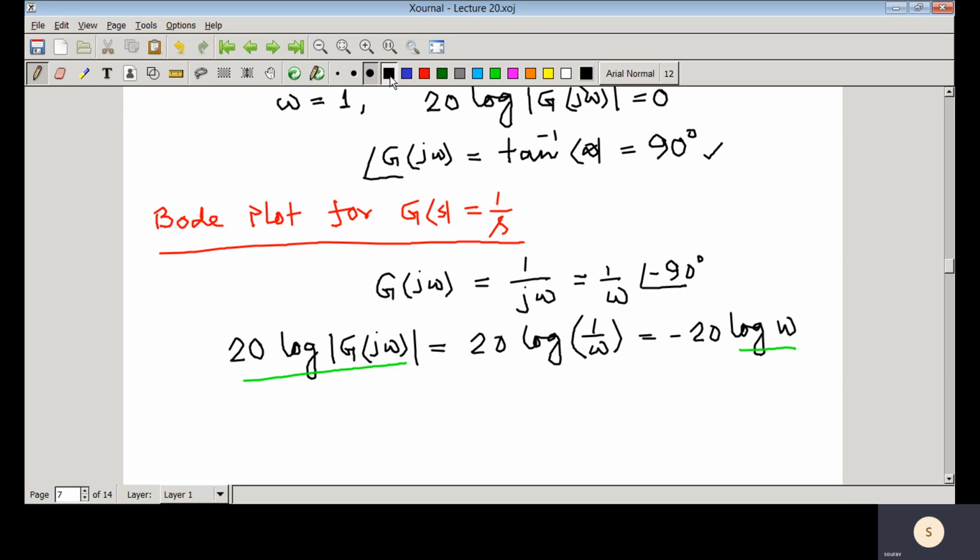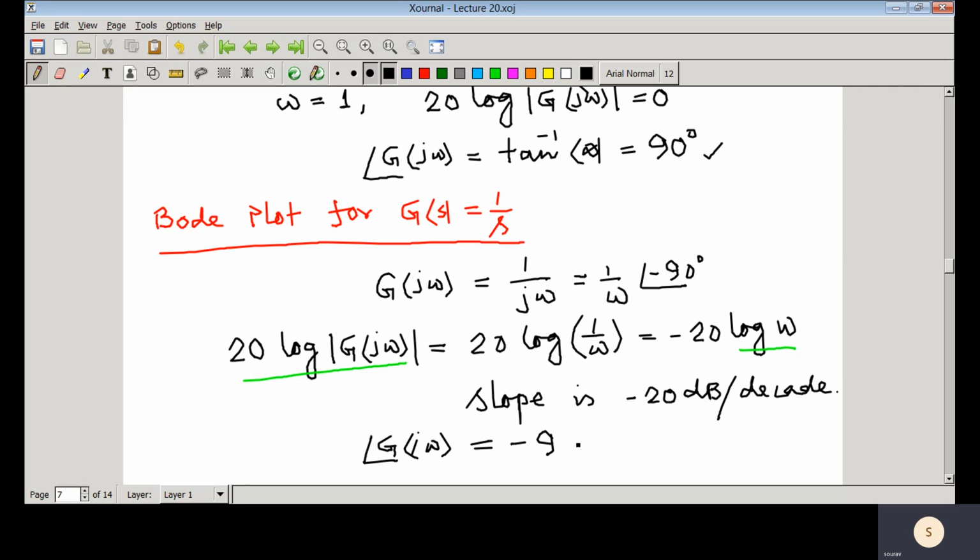It is just similar to s, but whenever there is 1 by s, the slope is minus 20 dB per decade. And the angle would be constant, that is minus 90 degrees.